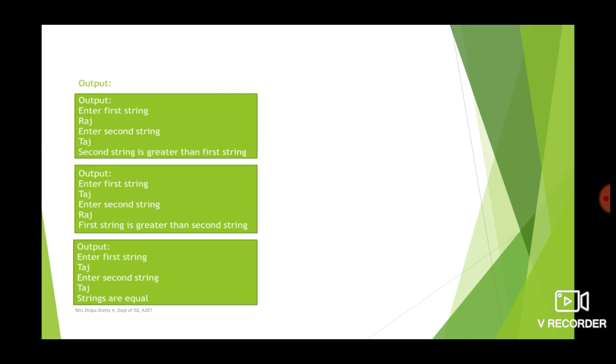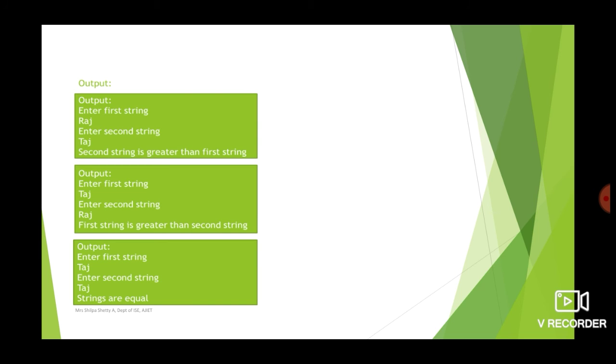So there is a mismatch, and the while loop will not get executed. If it does not get executed, the i value will be 0. So we will compare the ASCII values of the characters at 0, that is r and t. We know that t has a greater ASCII value compared to r, so we write the second string is greater.